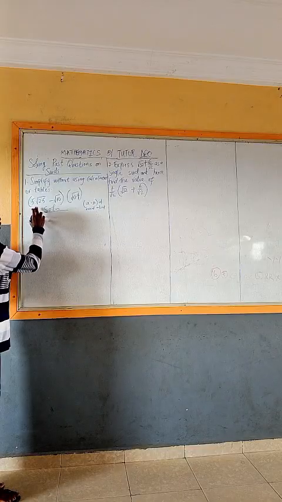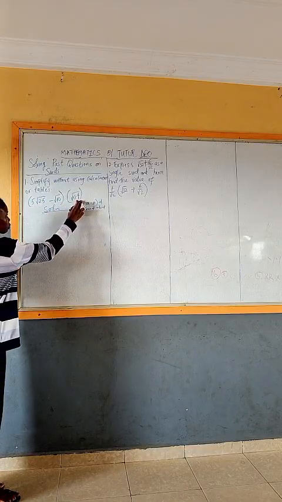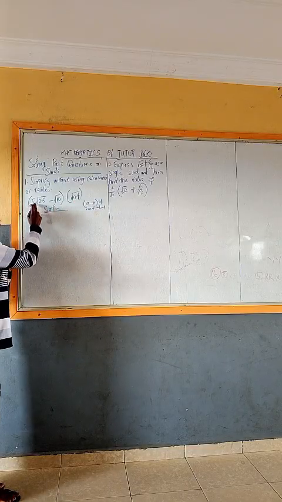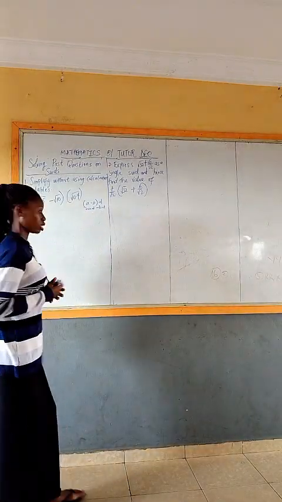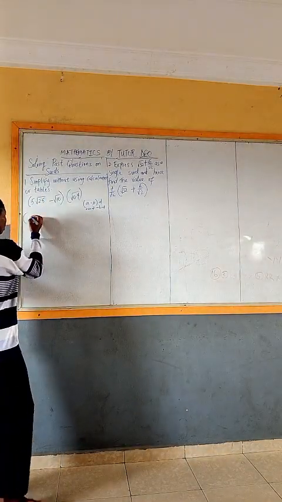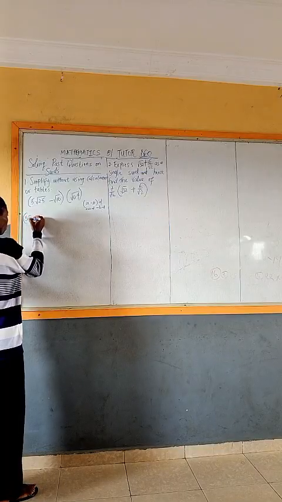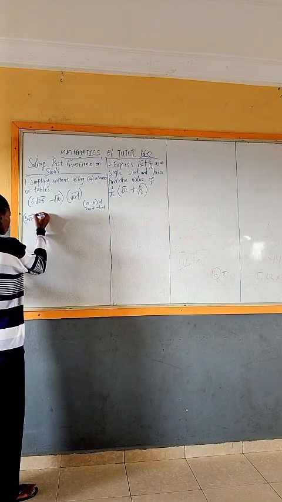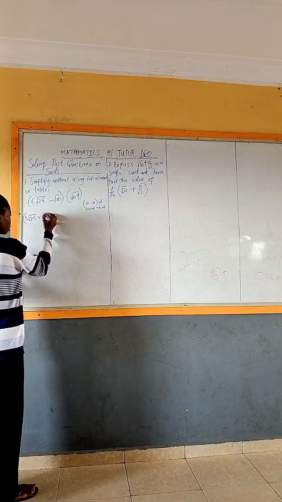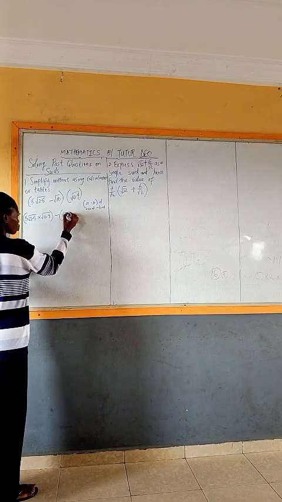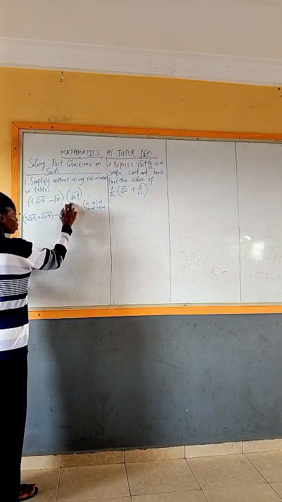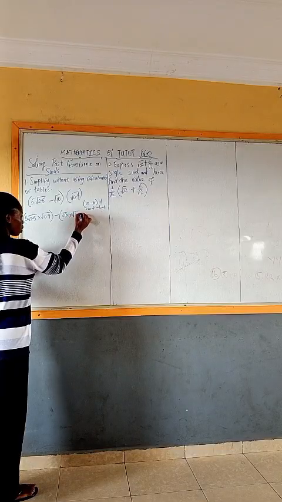So we are going to be multiplying root 0.4 by 5 root 2.5. Alright, just like I have said, we have 5 root 2.5 multiplied by root 0.4, minus root 10 also multiplied by root 0.4.